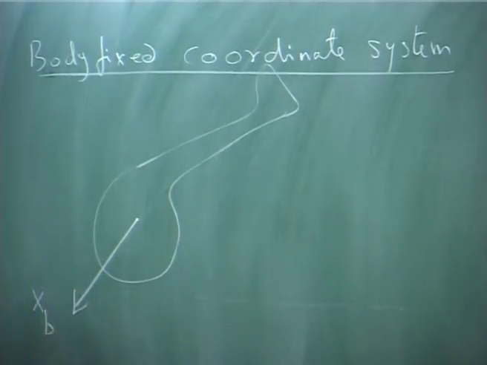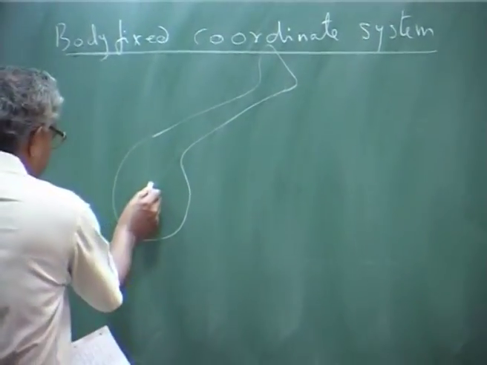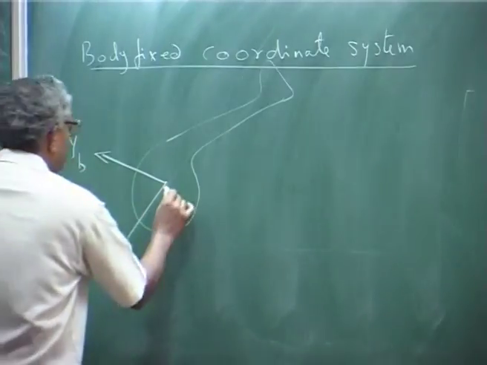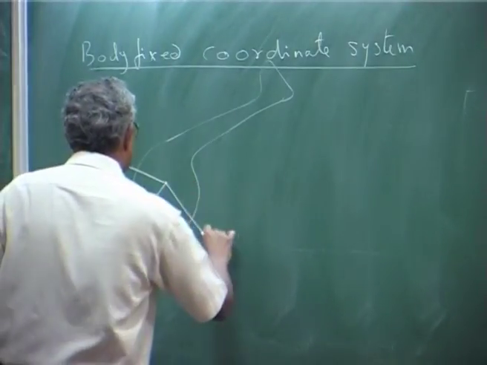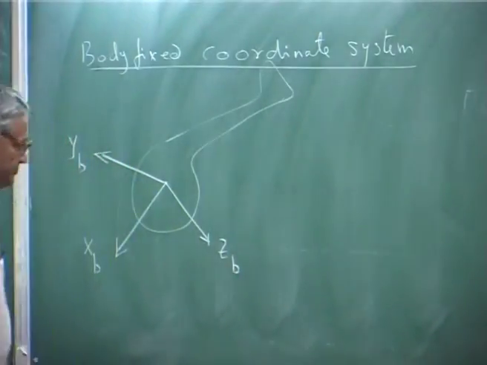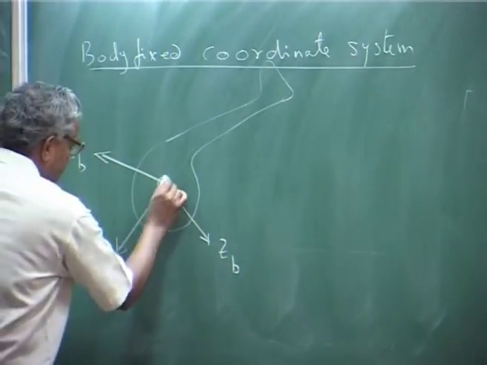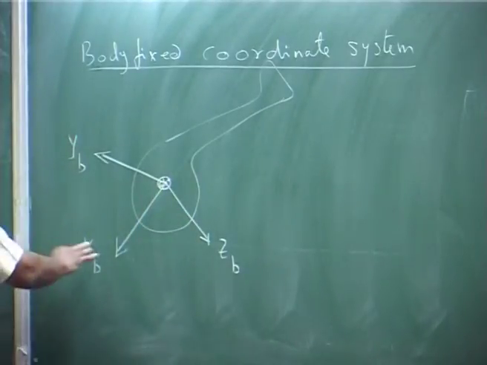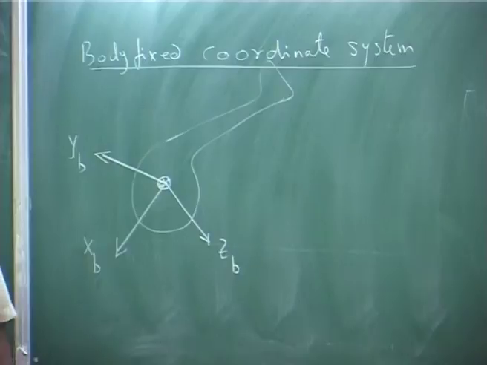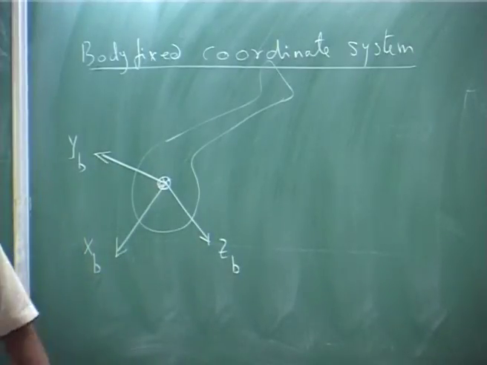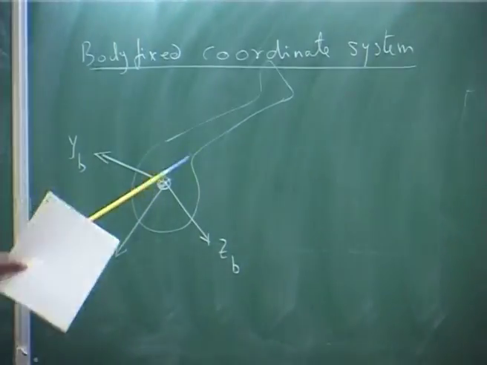X body, then this is y body, and then this is z body. This is the center of mass of the helicopter. This is the body fixed coordinate system. That means when the body turns, this axis system also turns, and this is attached to the center of mass.